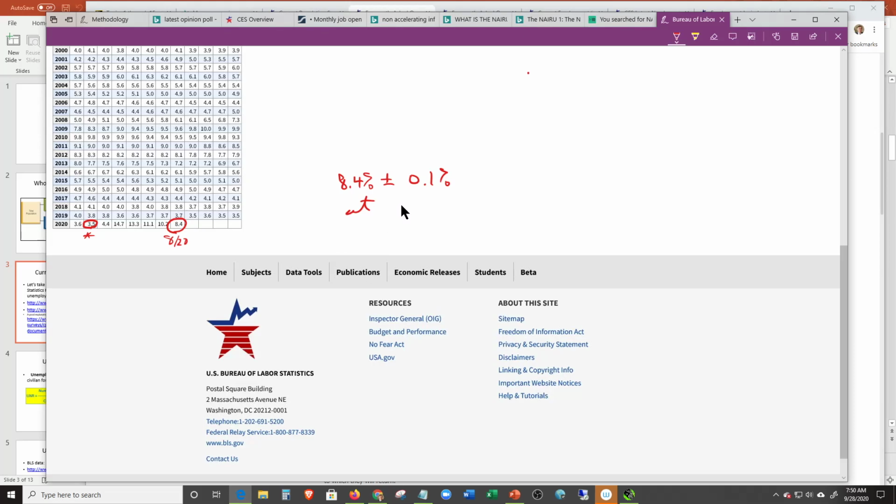I believe it's at 95% confidence level. So we can be 95% sure that the actual unemployment rate is somewhere in the 8.3 to 8.5% level. So, yeah, the margin of error is very small.